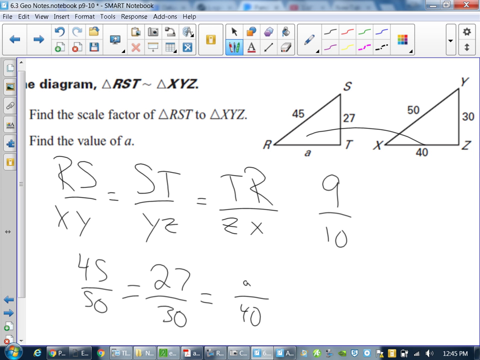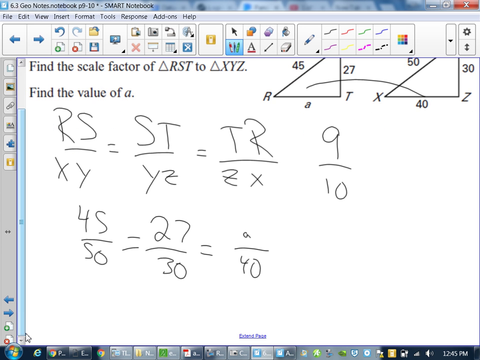What happens if it asked you to say XYZ to RST? What would your scale factor be? You just flip it. If it's saying to go the other way, it'd just be 10 over 9. That's all. So use your scale factor to solve for the missing side. Cross multiply and solve.